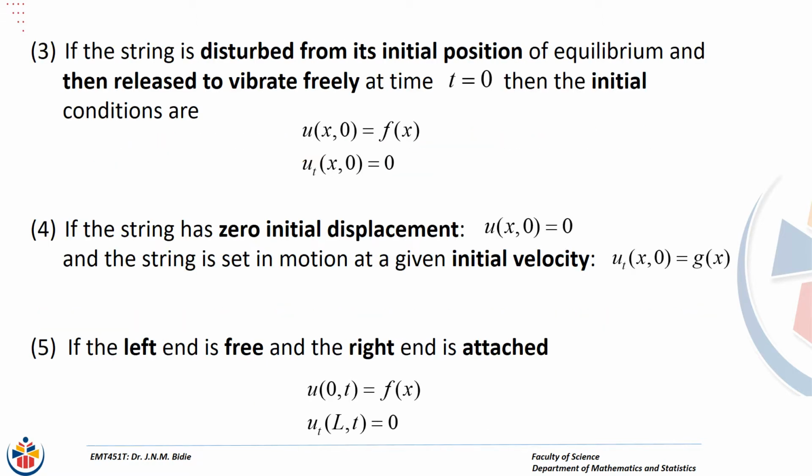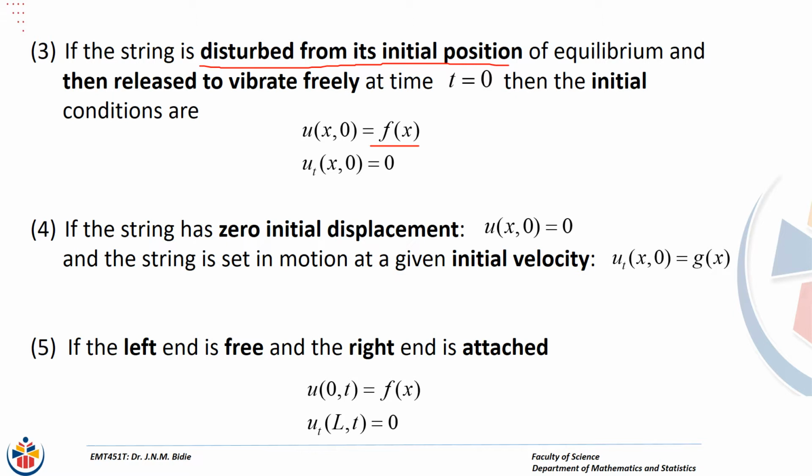Then we go to the third one. What if we have disturbed the string in its initial position of equilibrium initially? So that means now there is a movement on the initial part.